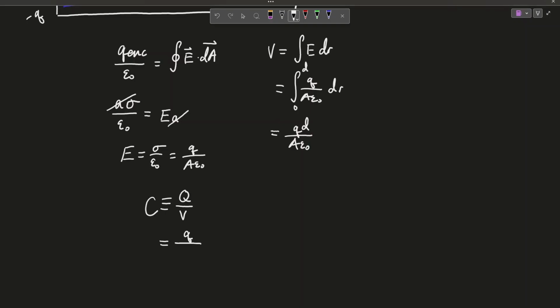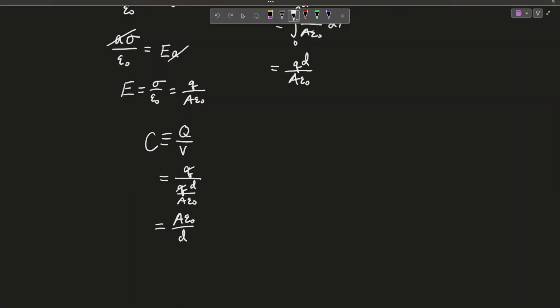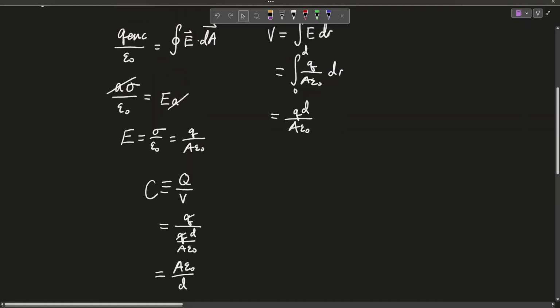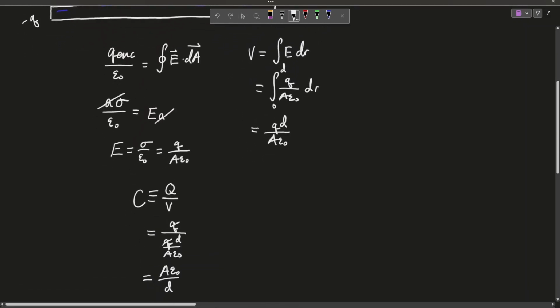Charge is just Q. Our voltage is Qd over A epsilon naught. So we'll cancel those out, fix our wonky fraction here, and we find A epsilon naught over d is our capacitance. Now, one last quantity that can be useful to find is the amount of potential energy, U sub C, stored within this capacitor.